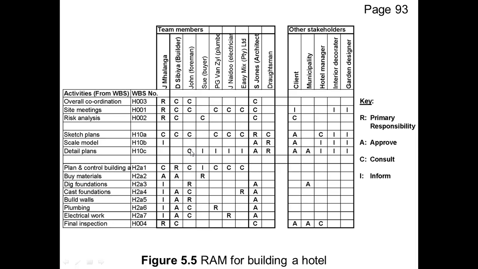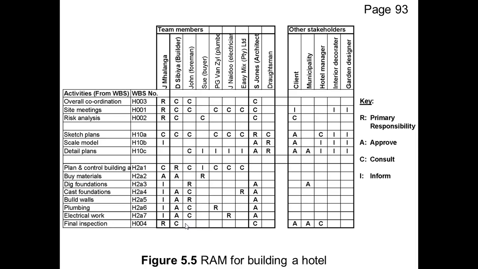So before the plans are sent to the municipality, we want the foreman to look at it and to say, yes, this is doable. So he's not approving it, but he is consulted on whether it's doable or not.